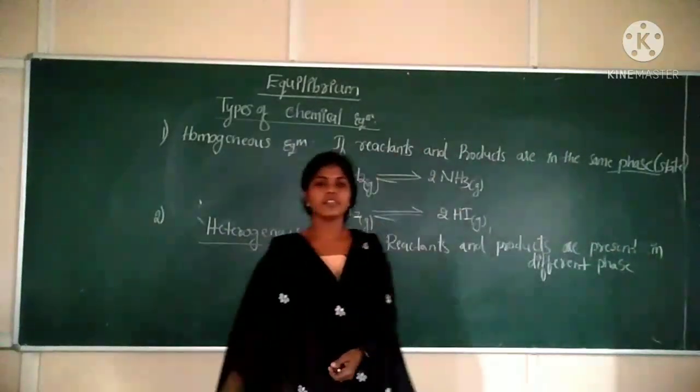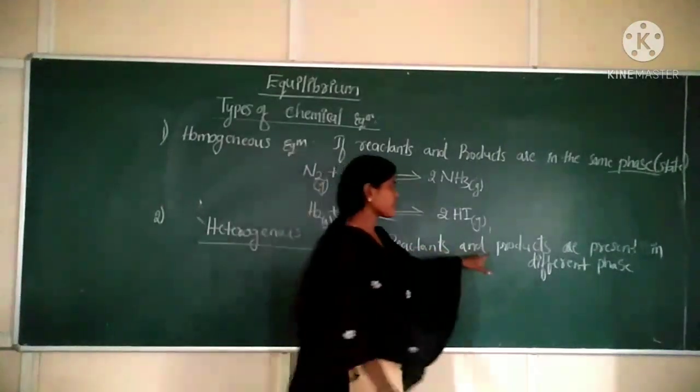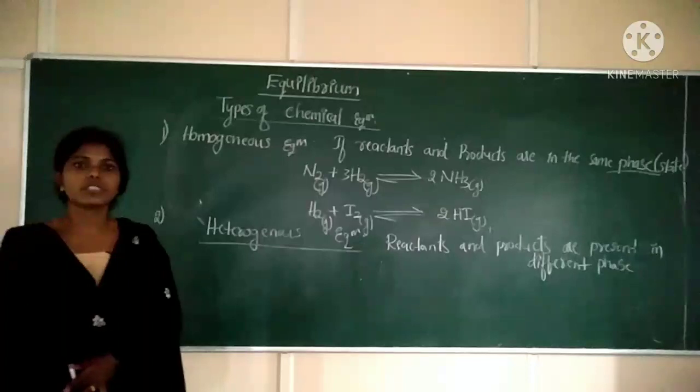So those reactions are said to be heterogeneous equilibrium. If the reactant phase is different and the product phase is different from the reactant, that equilibrium is said to be heterogeneous equilibrium.